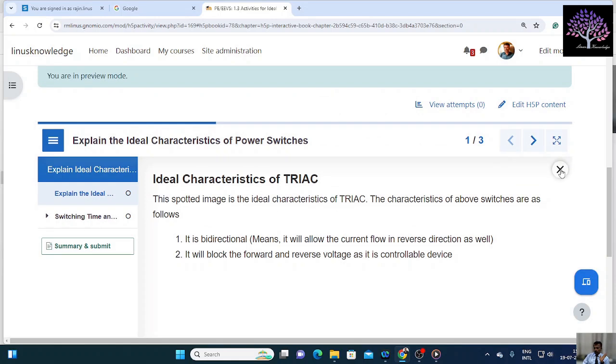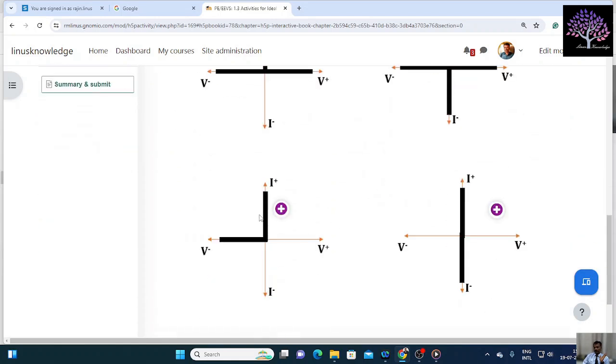Then we can go to the third activity. Already we are familiar with this. Which power switch will come under this activity? You already know the power diode, right? We learned it in the last session, right? It will conduct forward current, it will not allow the reverse current, it will block the reverse voltage, and it will not block the forward voltage, right?